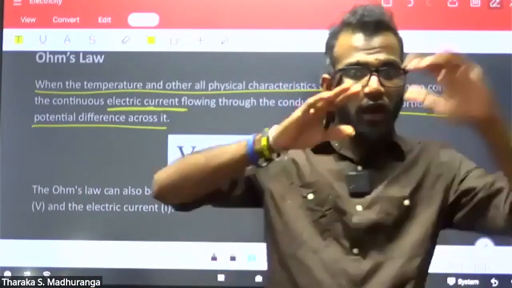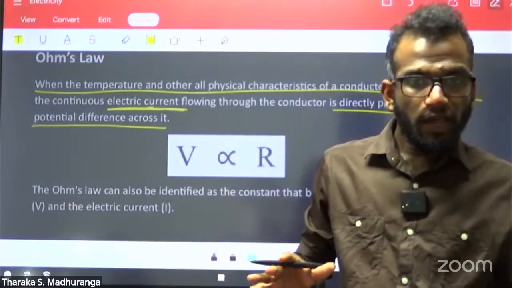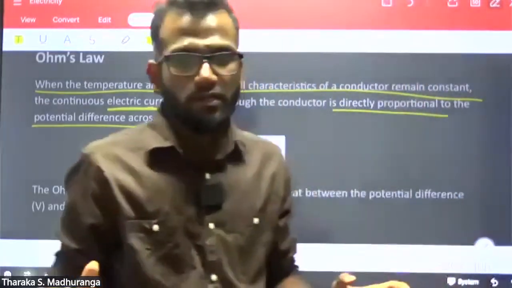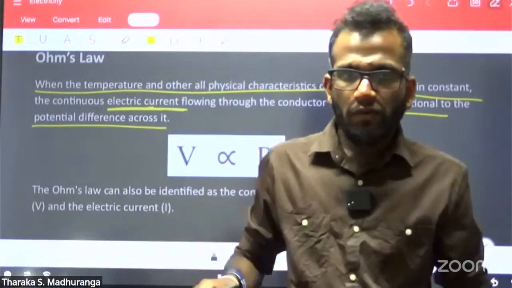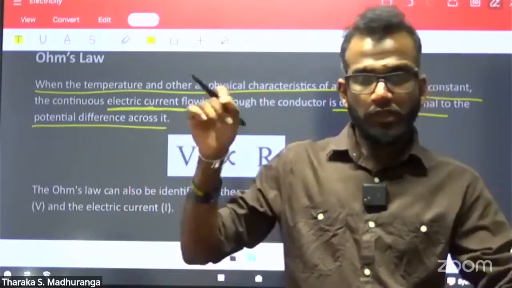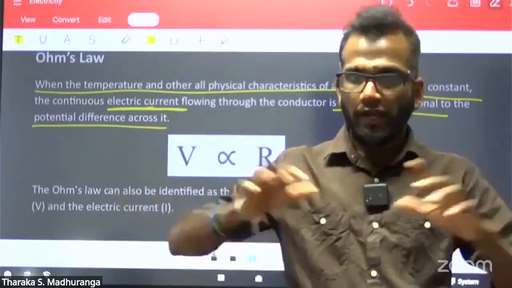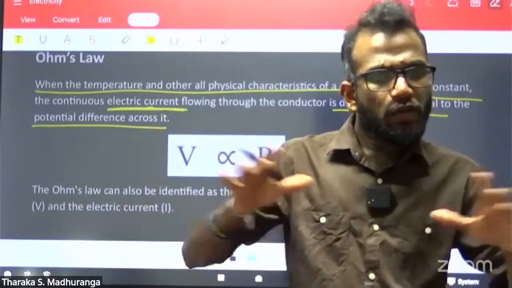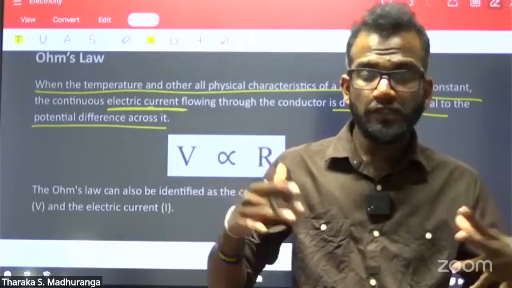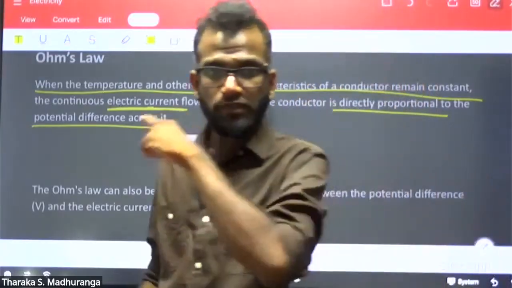Temperature and all other physical characteristics of the conductor remain constant. Temperature should be constant at both ends, and if there is no other factor affecting this conductor, that's the meaning of the first line.